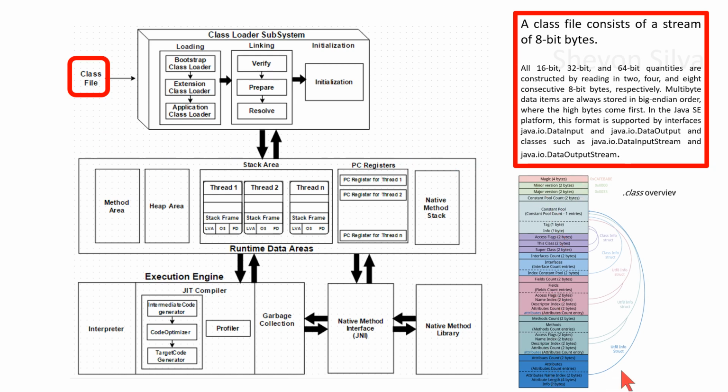You can see the structure of a class file here. The magic item supplies the magic number identifying the class file format. The values of the minor version and major version items are the minor and major version numbers of this class file.